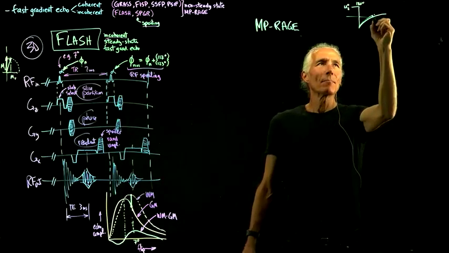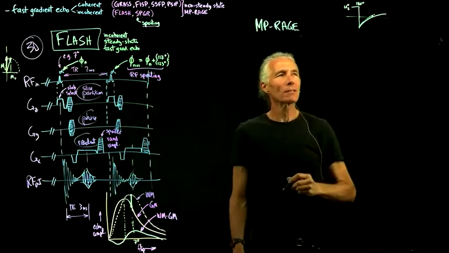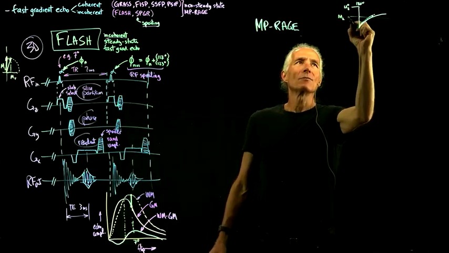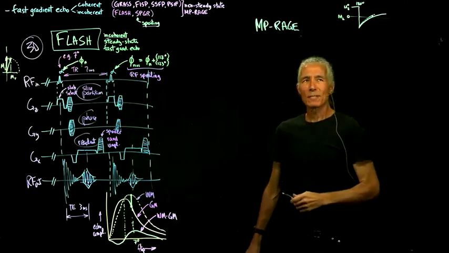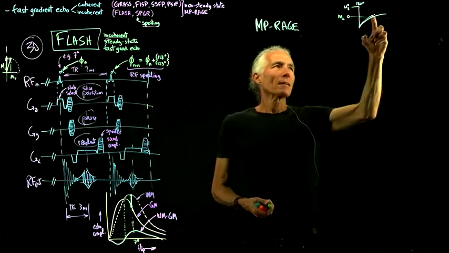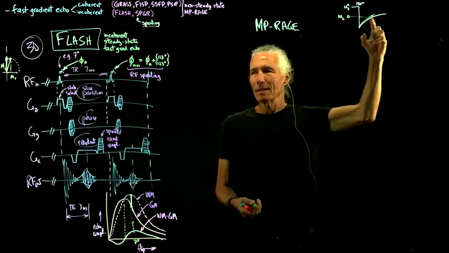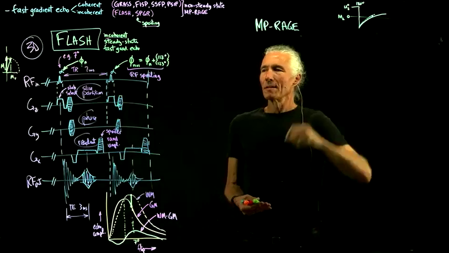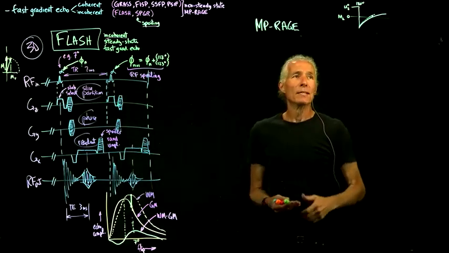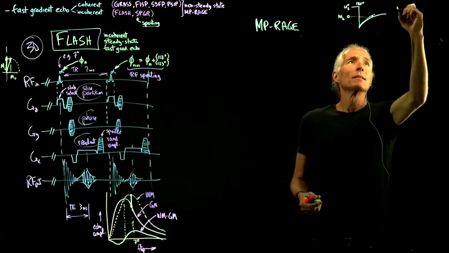Right at the point when one of the tissues is at zero longitudinal magnetization, we do another RF pulse, and then we get a lot of signal from the dotted one and not much signal from the continuous one. That's inversion recovery.